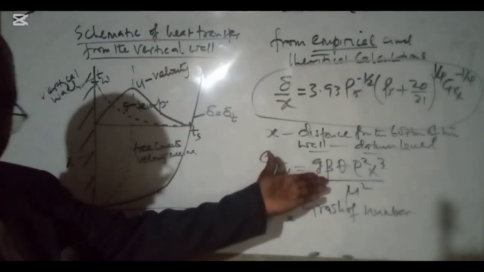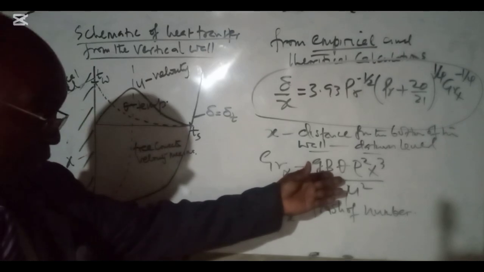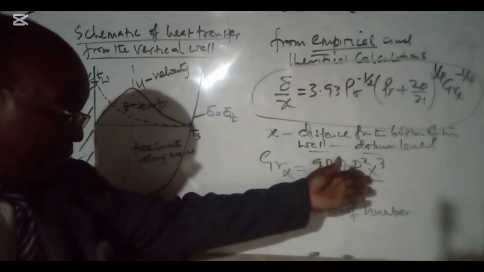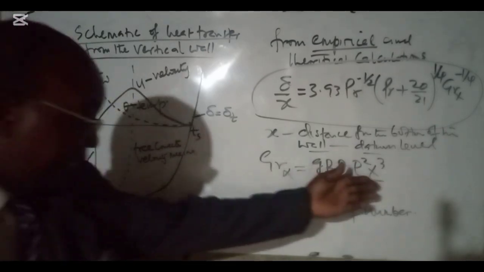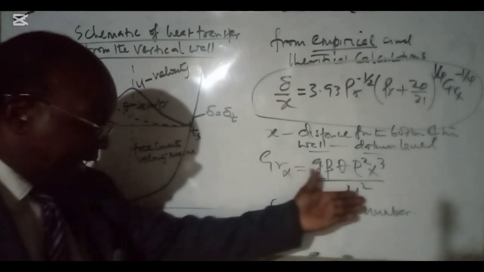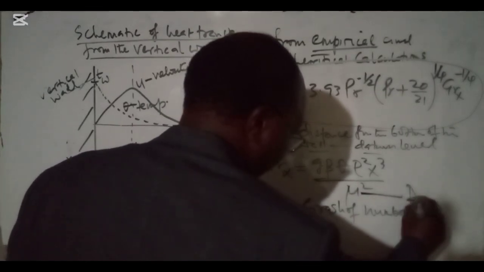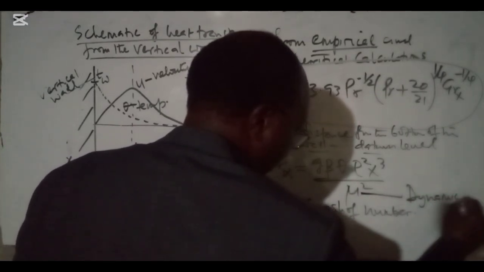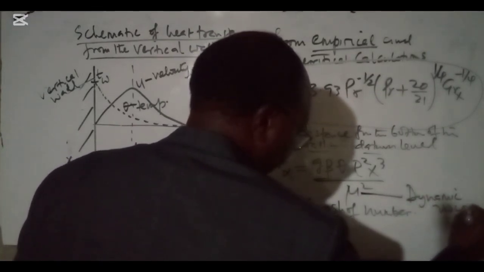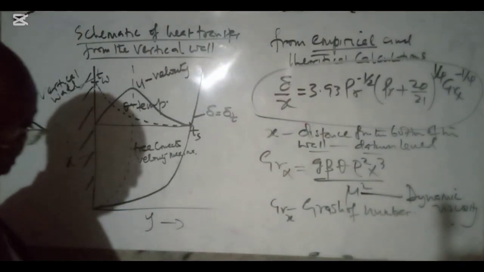So we have acceleration due to gravity, the coefficient of cubical expansion, the temperature, the density, that distance x from the bottom, that datum level, and the dynamic viscosity. Just to remind you, that's dynamic viscosity, just in case you've forgotten. The rest are standard, we have already defined them.